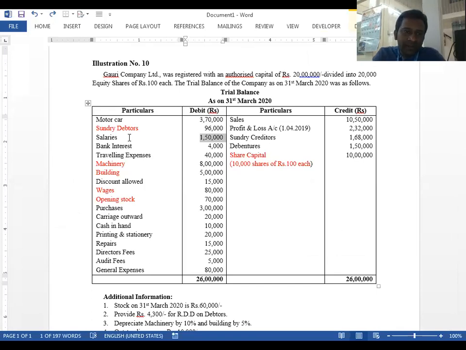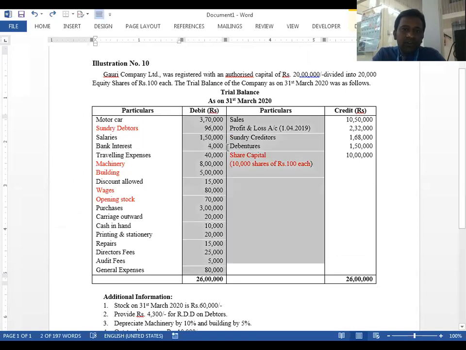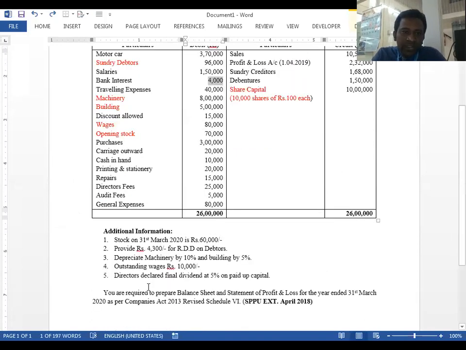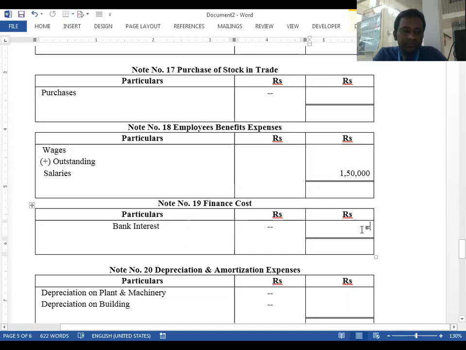Then bank interest. Bank interest is the finance cost, and similarly there is no adjustment related with the outstanding interest on bank loan. So we directly transfer it to the debit side of profit and loss account under the notes finance cost. See here, 4,000.